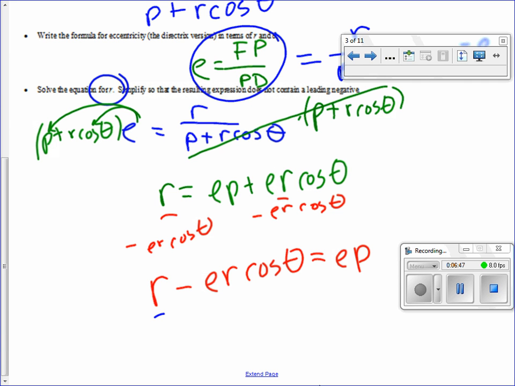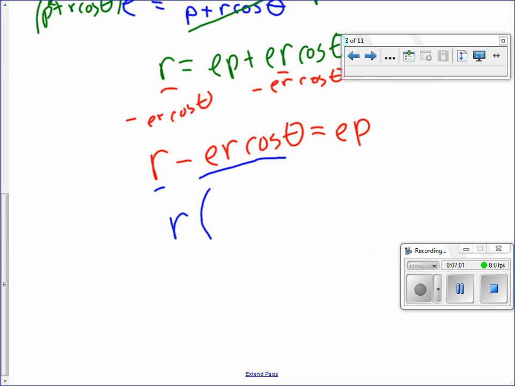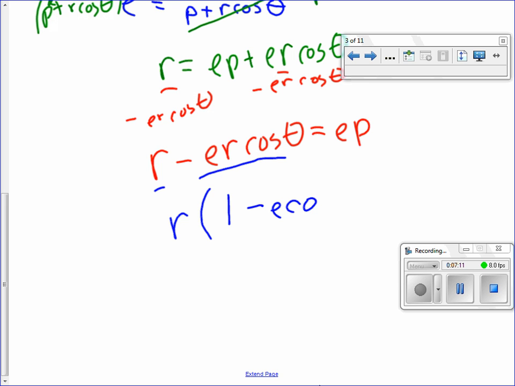What's the GCF in those two terms? It's not E. The first term doesn't have an E. It's R. So we're going to factor out the R. R divided by R is 1 minus, and when you factor the R out, you're left with just E cosine theta. And it still equals EP.